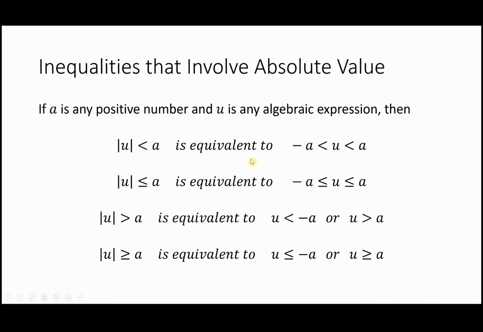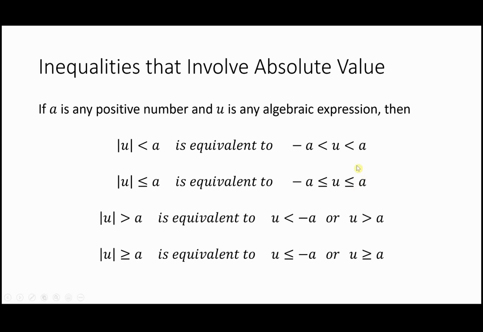And it's the same rule whether you have a less than or a less than or equal to. You just make sure that those symbols come along for the ride in their transition into a compound inequality, okay?